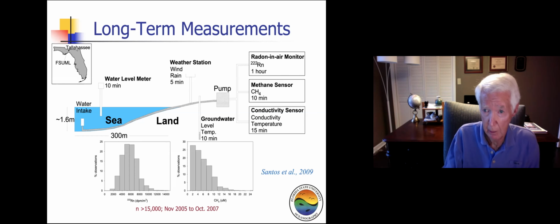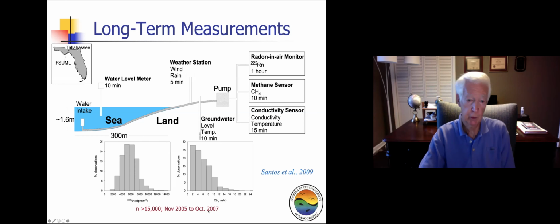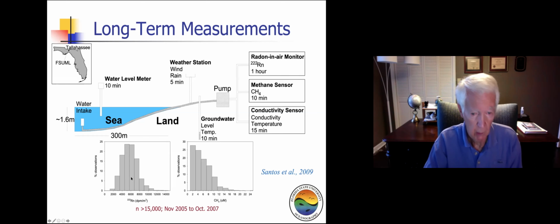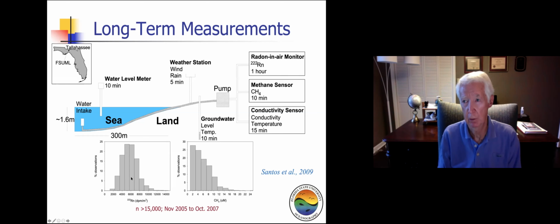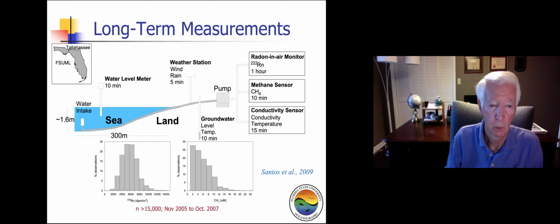We measured radon, methane, conductivity, salinity, temperature. From November 2005 to October 2007, almost 2 years, we had over 15,000 measurements of radon 222 in the water from 300 meters offshore of the Marine Lab, all done with a single Rad-7.